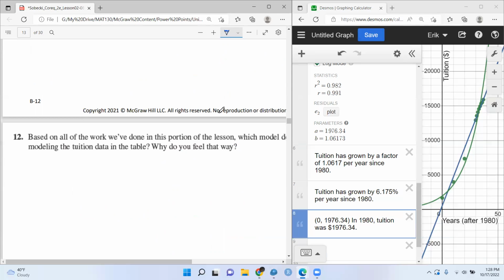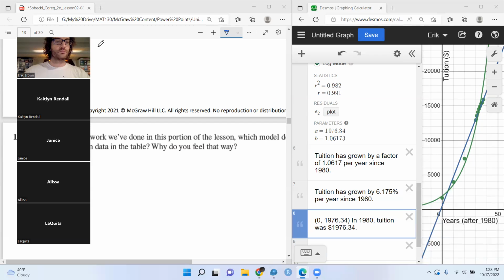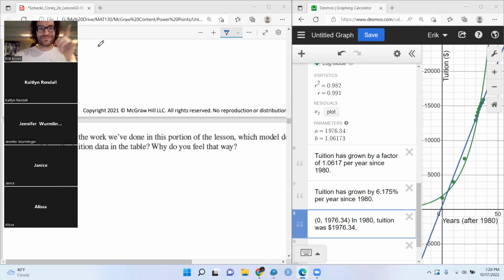Which model is best? And more importantly, how did you know that that was the best model? Why do you all say linear? Is it because if you're going to round, it would actually be 99.2?